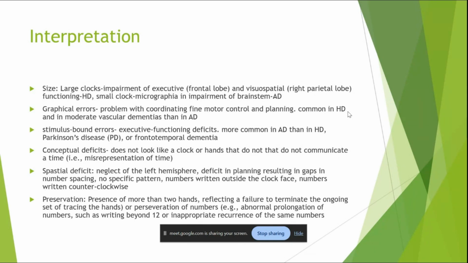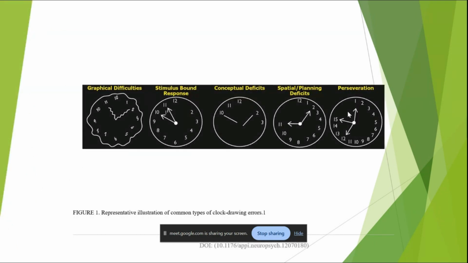Then we have the stimulus bound errors, which is more of an executive functioning deficit, more common in Alzheimer's and Huntington's than Parkinson's and frontotemporal dementia. Then also the conceptual deficits. It doesn't look like a clock, or the hands do not communicate a time.